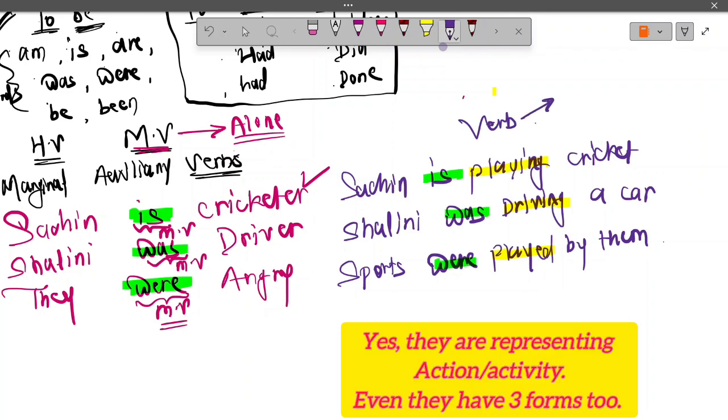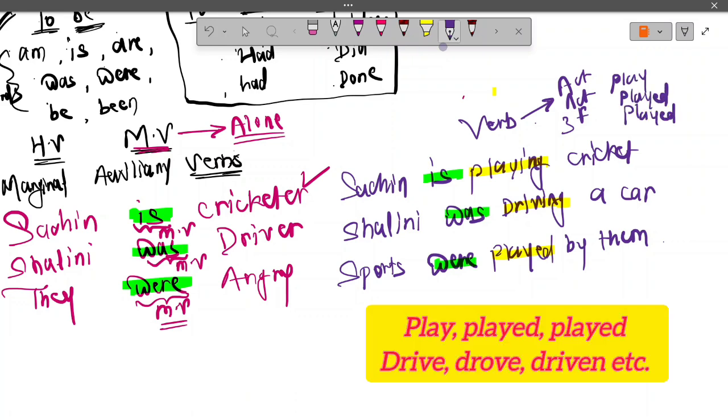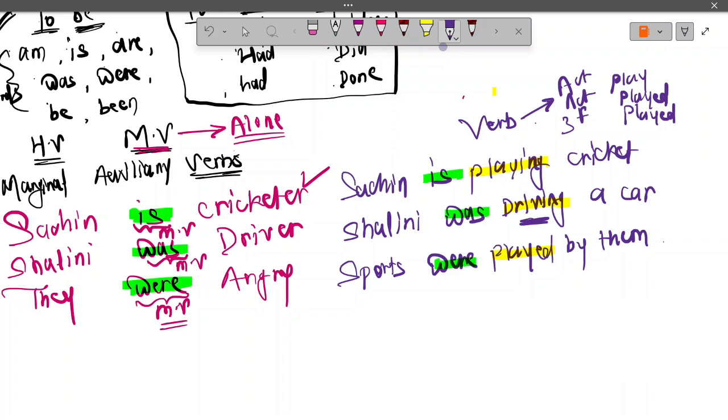Verb काय असतो आपला, जो ॲक्शन किंवा ॲक्टिव्हिटी रिप्रेझेंट करतो आहे आणि ज्याचे 3 फॉर्म्स असतात, करेक्ट. Don't you think that this playing is actually representing action or an activity and it has 3 forms also, like play, played, correct. And so as this driving, it also has 3 forms and it also represents action or an activity. Drive, drove, driven. Played is already we have seen.